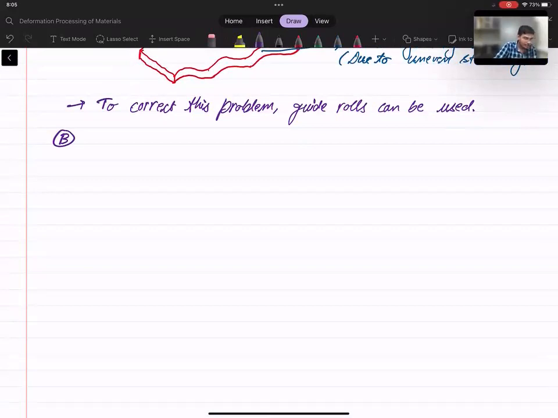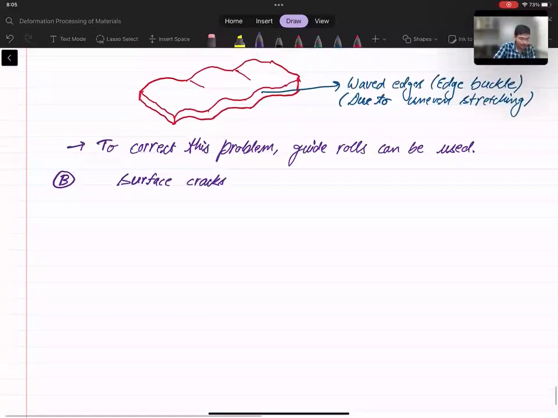It will lead to surface cracks. Definitely, you can see from this figure also that the central region will be sort of stretched out, and the edge portions will experience compressive loads, or means there will not be uniform distribution of stresses, due to which there may be generation of cracks over the surface.